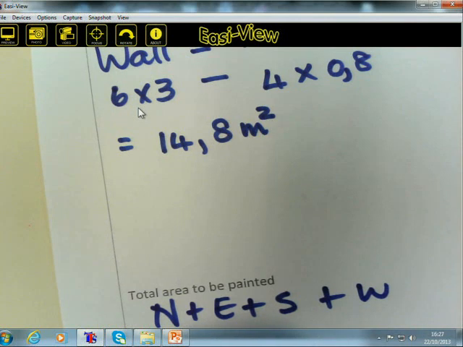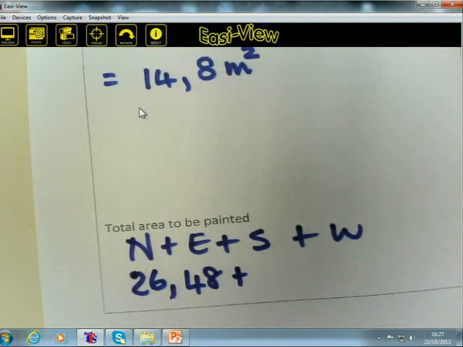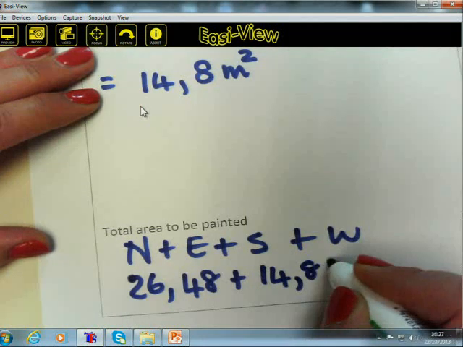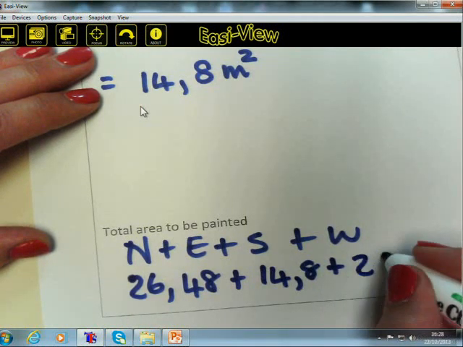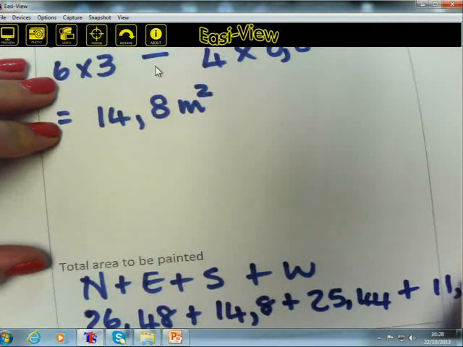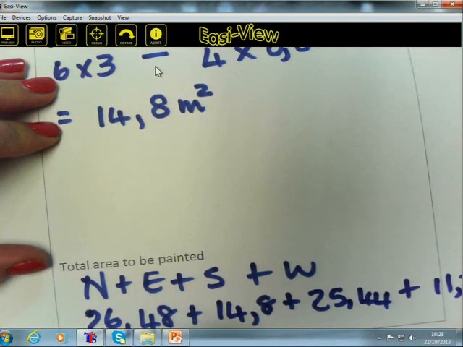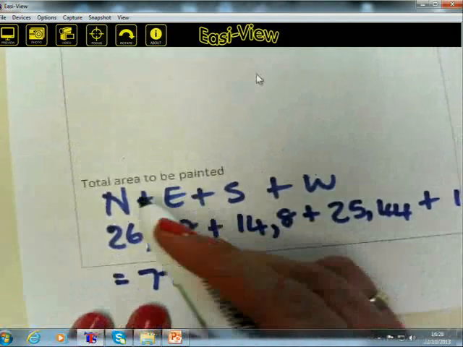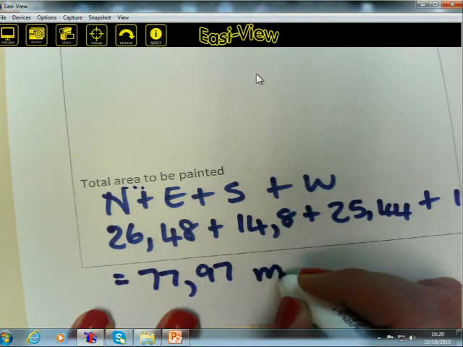The northern wall was done for us, and it was 26,48 plus the eastern wall was 14,8 plus the southern wall 25,44 plus the western wall 11,25, and the total area 77,97. Remember, this is area, so it is meters square.